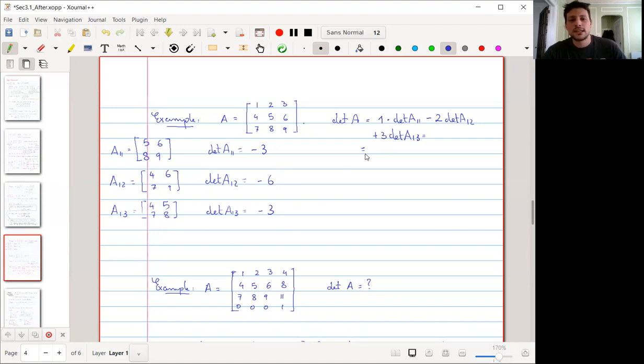We get 1 times -3, minus 2 times -6, plus 3 times -3. And this becomes -3 plus 12 minus 9, which is equal to 0.